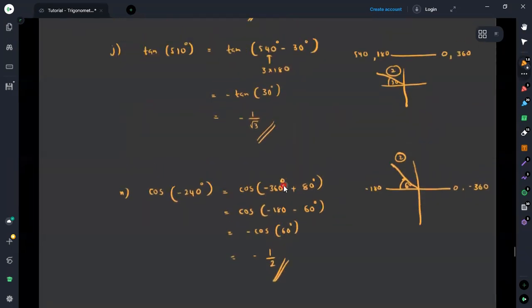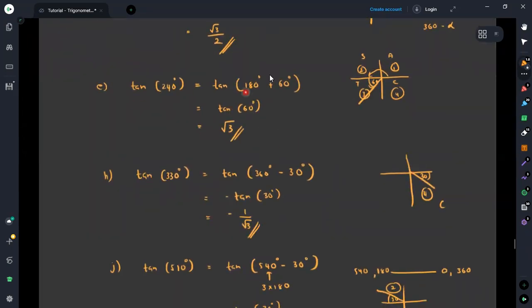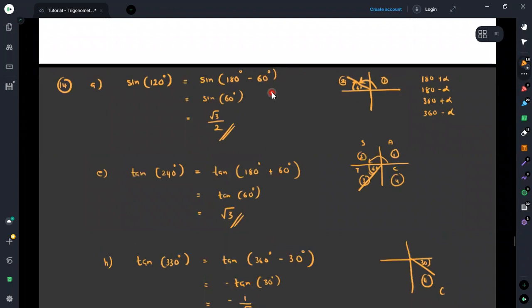What we are always trying to do is write the associate acute angle as a frequently used angle. Simply, the frequently used angles are 30, 45, 60, and 90, but we are omitting 0 and 90, because they lie on the lines. Therefore, we are not going to consider those.